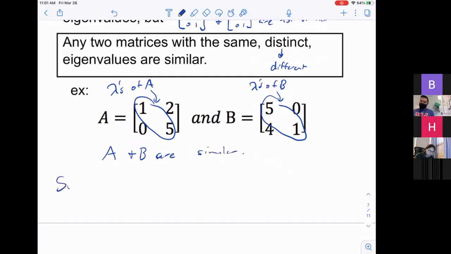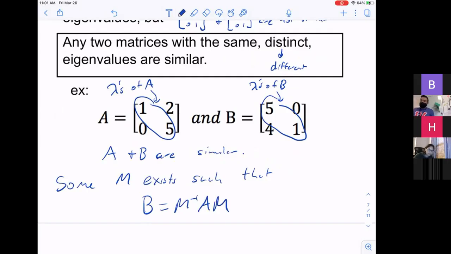which does mean some M exists such that B equals M inverse A M. We just don't know what M is, but it does exist. There is some invertible matrix that would make that happen.